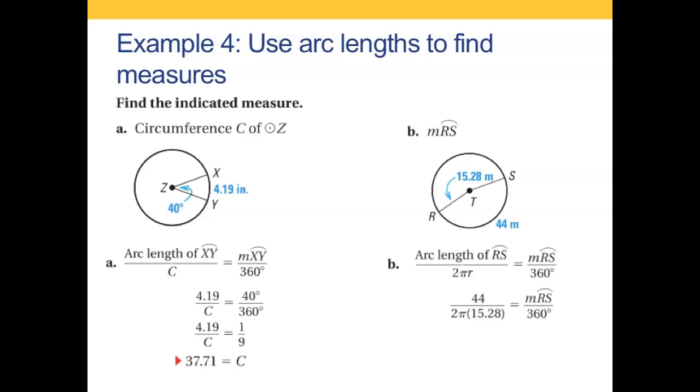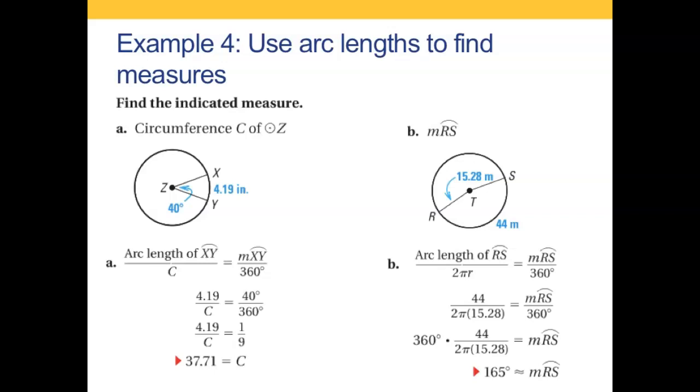Now to get the measure of RS by itself, I can multiply both sides by 360. And solving that, again, if you want to put this all in the denominator in the calculator, just be sure that you have 2 pi times 15.28 all in parentheses, so that when you divide in the calculator, it divides by all of those numbers. You should end up getting that the measure of arc RS is about 165 degrees.